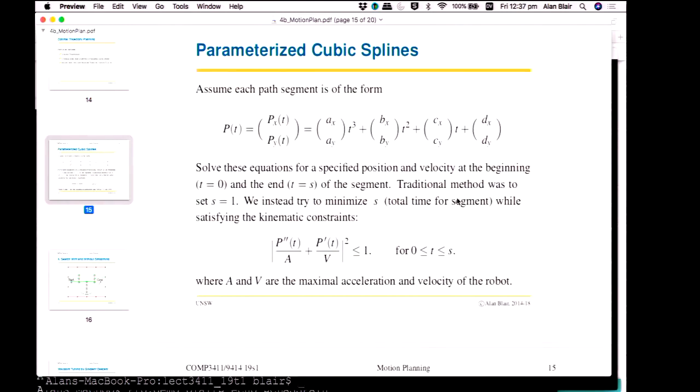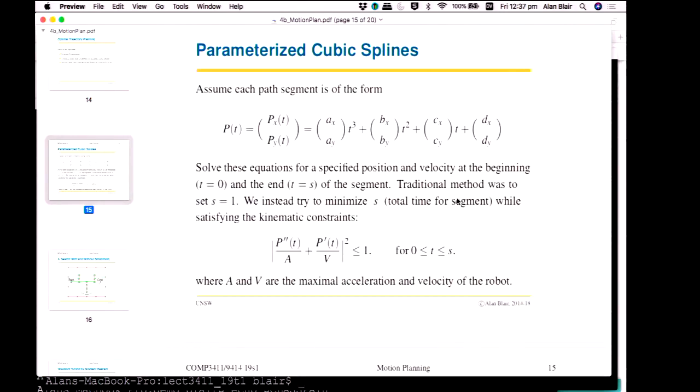Okay, so these A, B, C, and D are the parameters for that segment of the cubic spline. So you've got 8 parameters here. Now, how many equations and how many unknowns? The beginning and end point have to lie on these 2 lines.